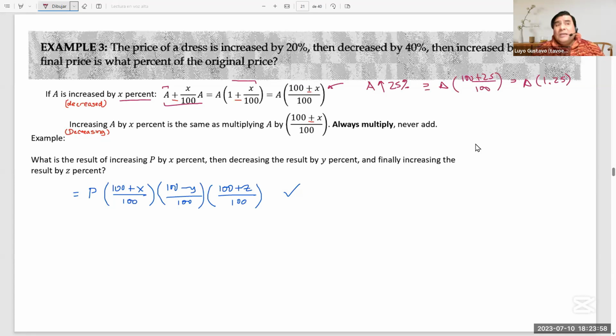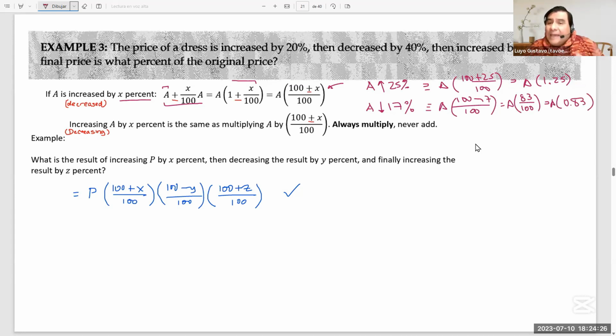If I want to decrease A by 17%, then this is the same as multiplying A by (100 minus 17) over 100. In other words, this is the same as multiplying A by 83 over 100 or multiplying A by 0.83.